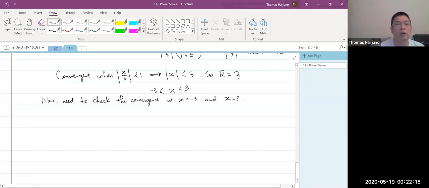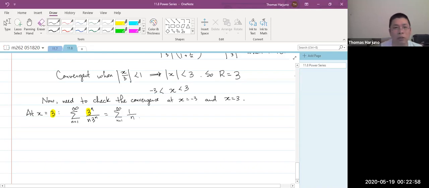Okay, let's see. At x equals +3 first, I get the summation from 1 to infinity of 3^n over n times 3^n, replacing that x with 3. This is equal to the series from 1 to infinity of 1 over n. Right?